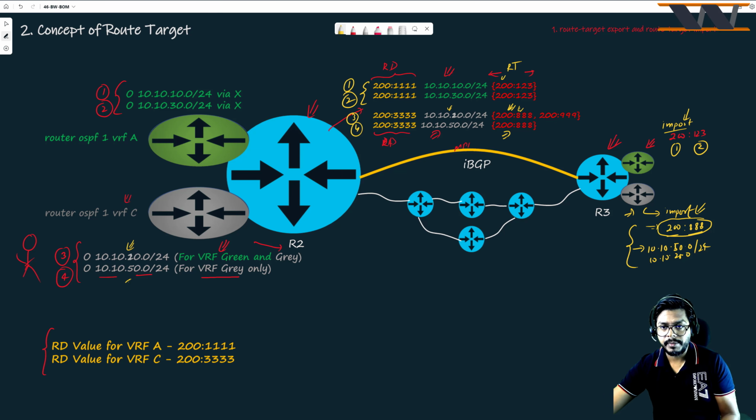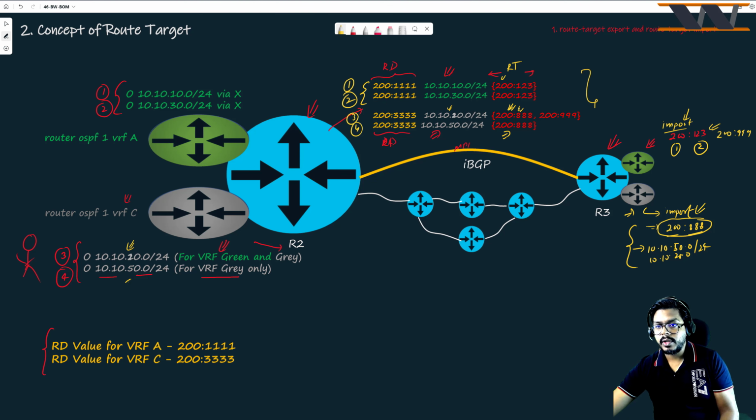But here is where all the magic happens. Now green VRF also wants 10.10.20.0, and along with this import statement you will write one more statement: that you receive 200:123, you also receive 200:999. What is going to happen?